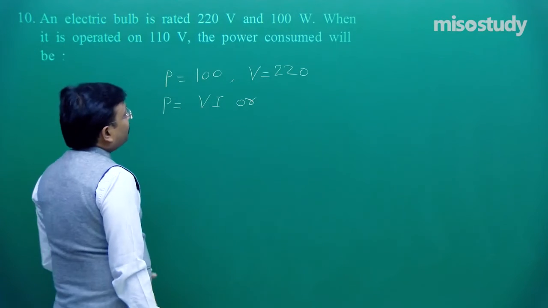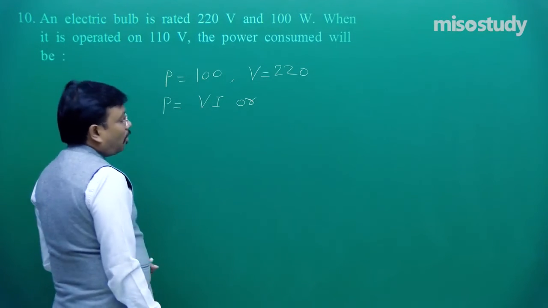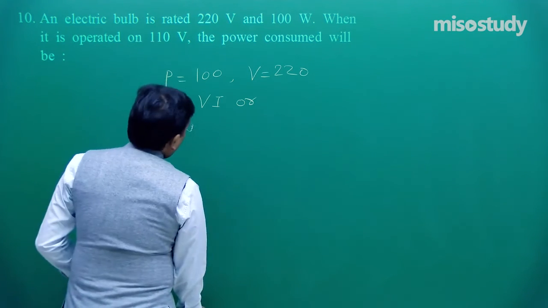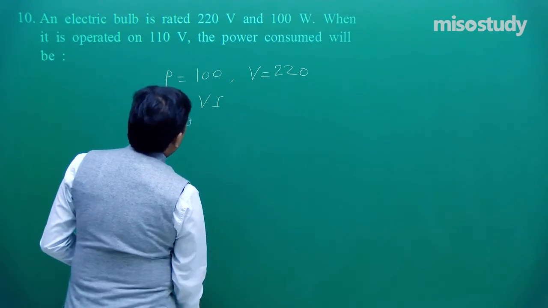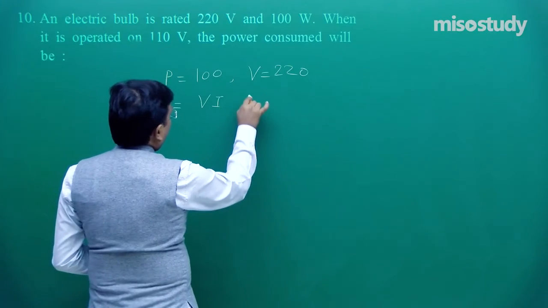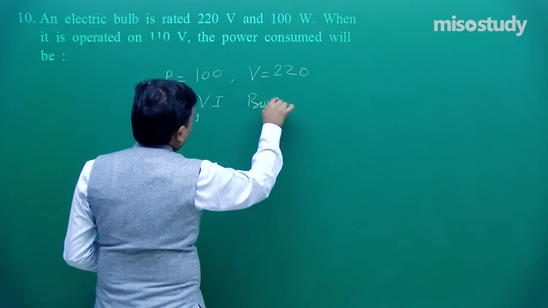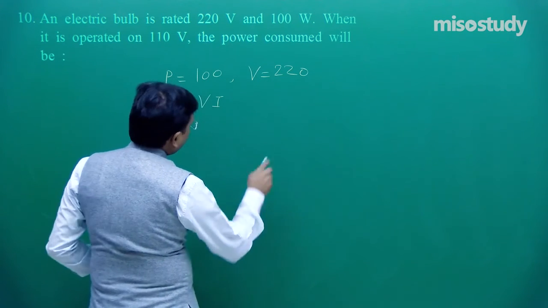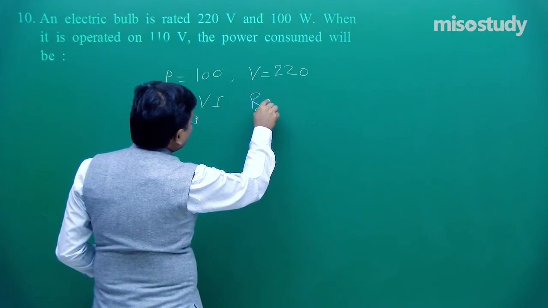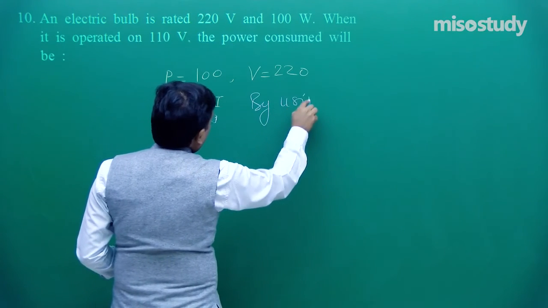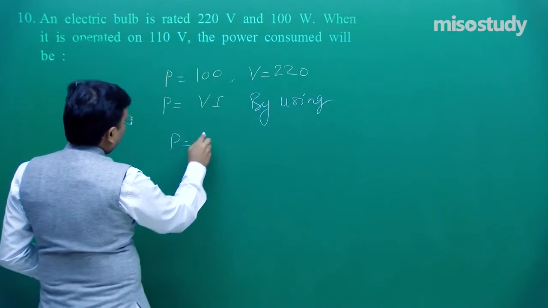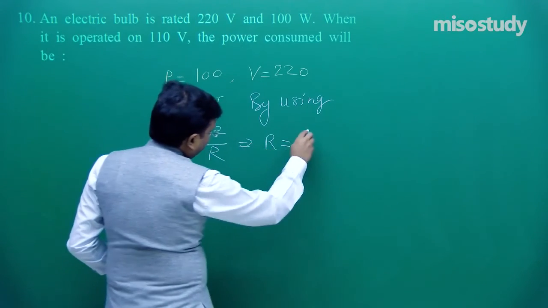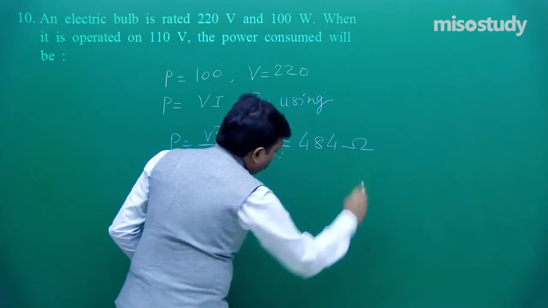From there I can calculate the value of resistance also, using P is equal to V square upon R. Using V square over R, I will get R is equal to 484 ohm.